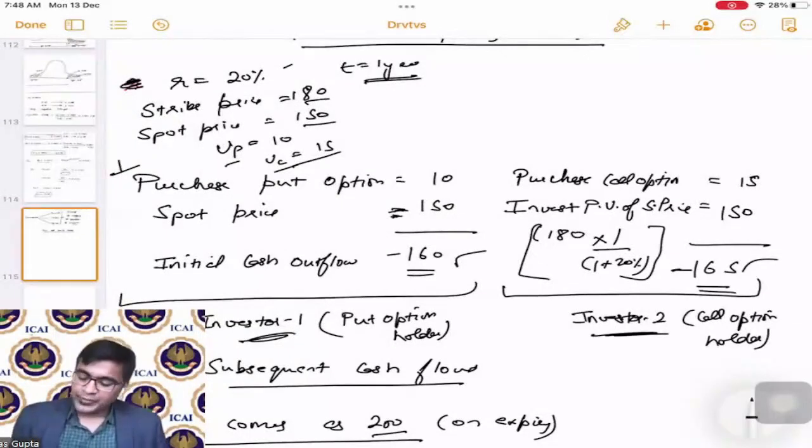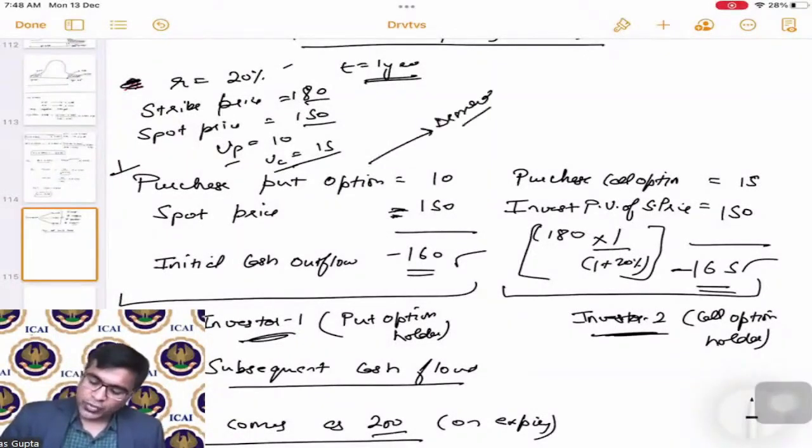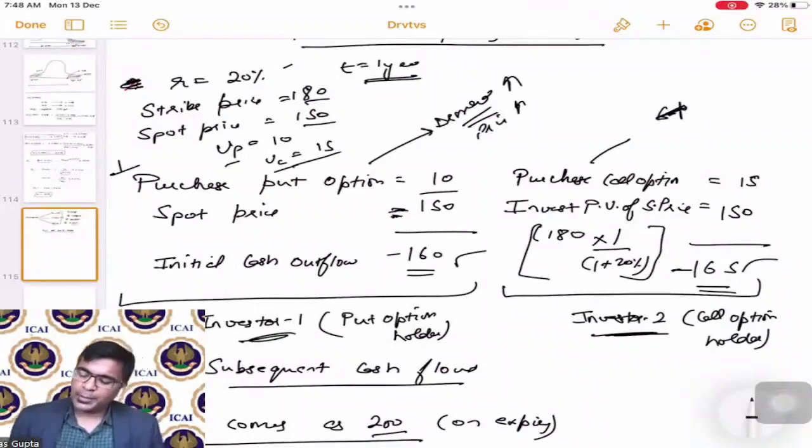That means the demand for the investor one portfolio would be higher, and since the demand is higher here for the investor one portfolio, the price will also be higher. That means simply this put option instead of 10 will become 12 rupees.